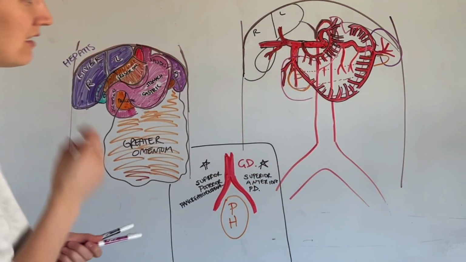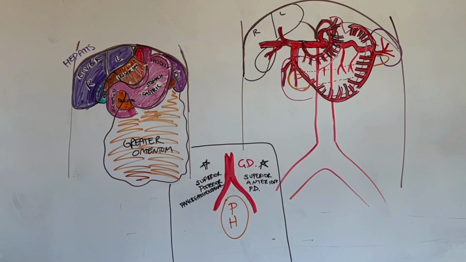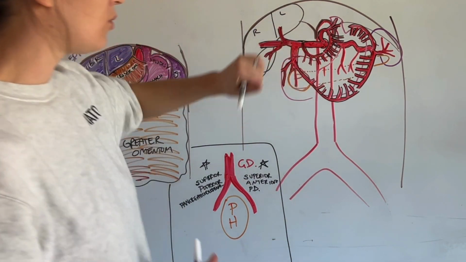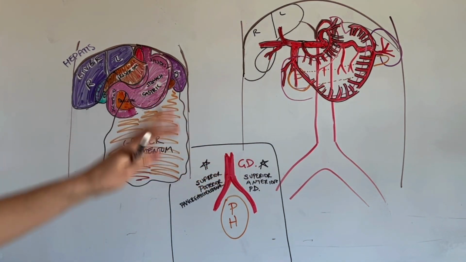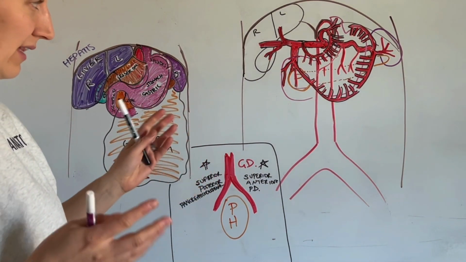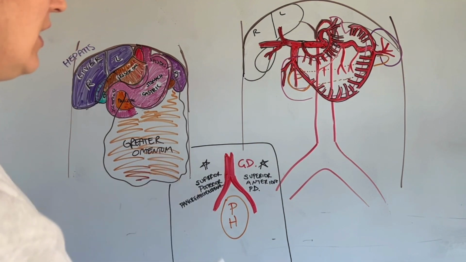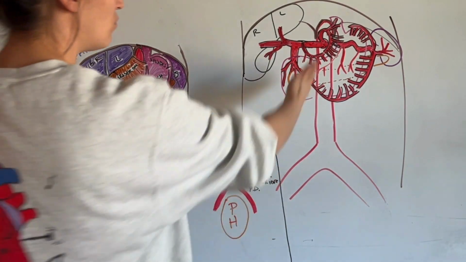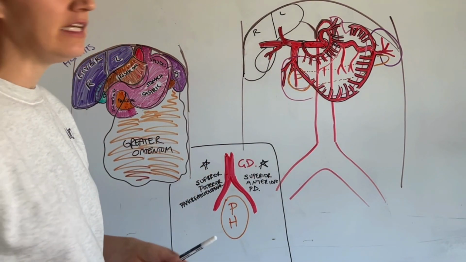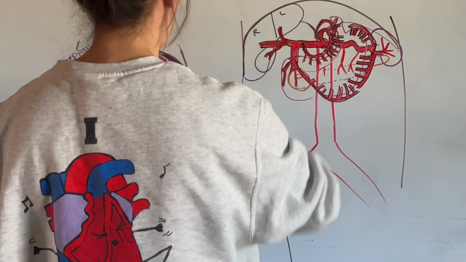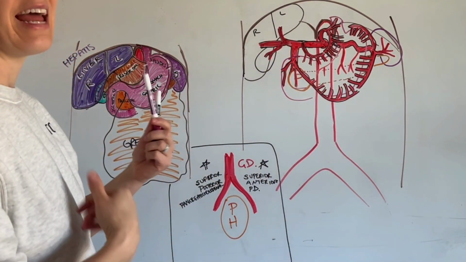Well, the superior mesenteric artery comes off very close to the celiac trunk. They're actually really close together. But the way I drew this makes it impossible for me to show you the real relationship. So you do need to know that the superior mesenteric artery has a relationship in proximity to the pancreas. So I'm actually going to draw it starting a little bit lower than it actually does.